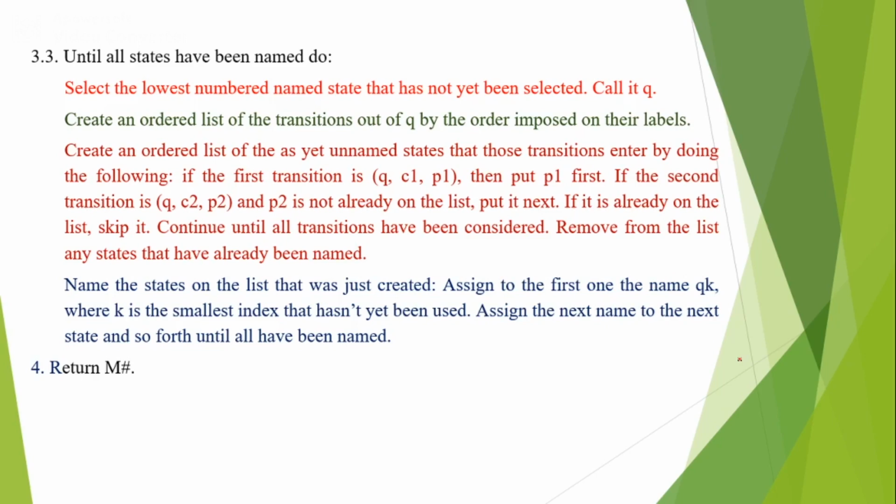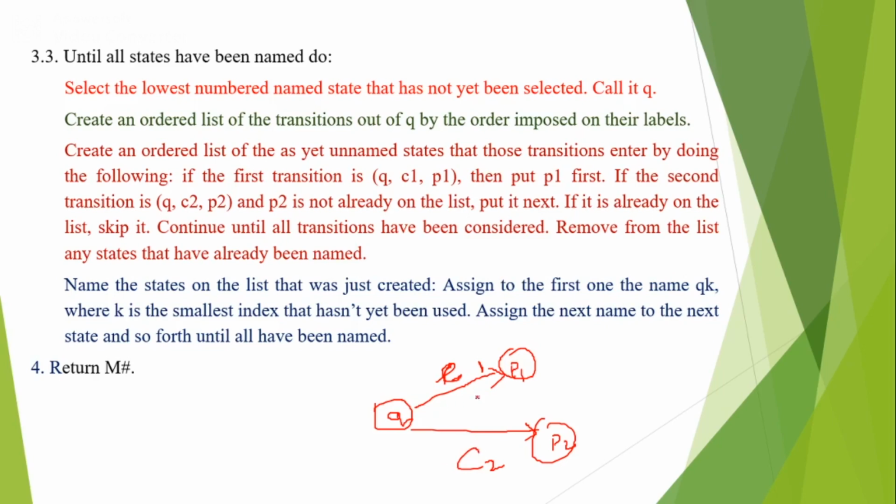Suppose you have a state Q with two next states P1 and P2, on characters C1 and C2, because I want to specify the order. First I take C1, and next the second one.